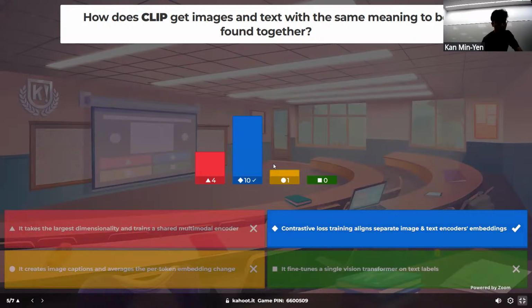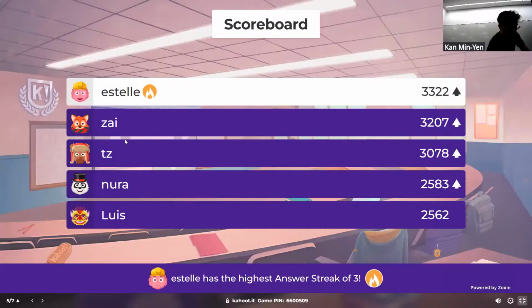Yeah, contrastive loss is the technique that we use to push things that have similar meanings, but in different modalities, together. Yeah, and the next one. So Estelle is now at the top of the leaderboard. Give a bit of a shake up.